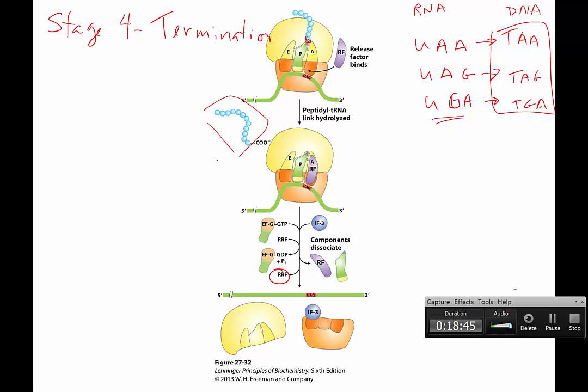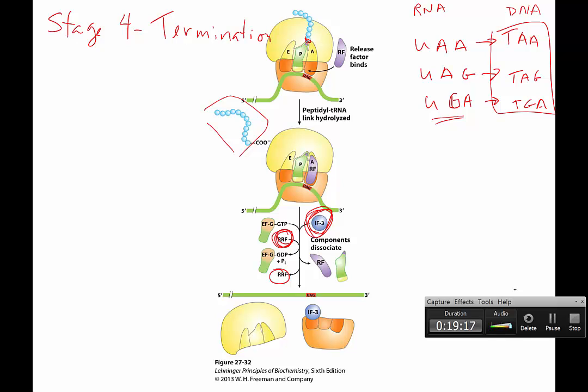Now, what will then subsequently take place is that we've terminated peptide synthesis, but we want to recycle. And to recycle, there actually are a couple things that will take place. We've got initiation factor 3, and we've got this ribosomal release factor here. That initiation factor 3 comes on, and then we get loss of our EFG.